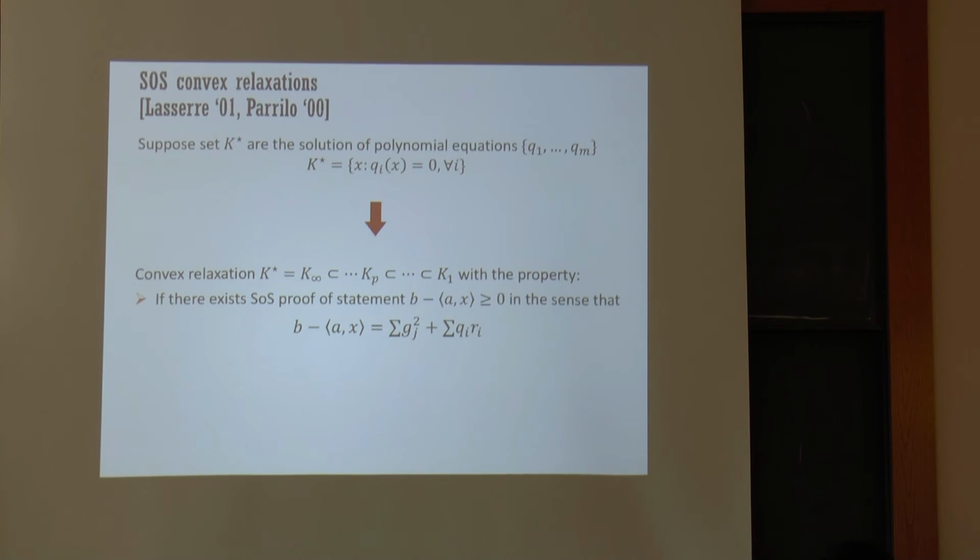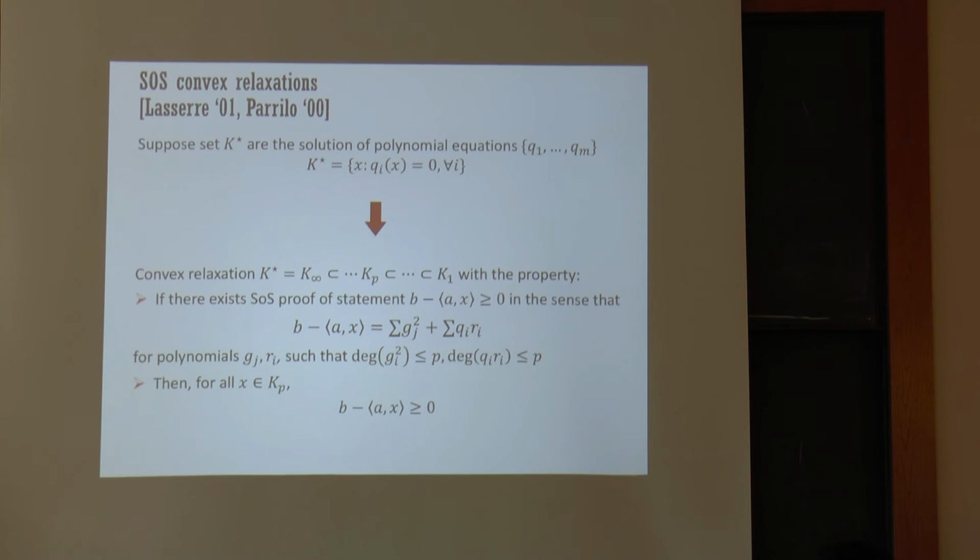And if we have a proof for this, in the sense that this is representable as a sum of squares of polynomials plus a sum of multiples of qi's, then, with some constraints on this, the degree of all of these cannot be too large, so that we can efficiently optimize them, then we can say that for all x in this set K sub p, the inequality is indeed true.